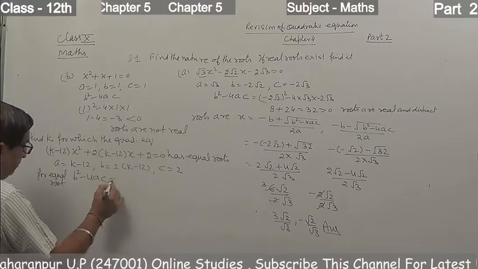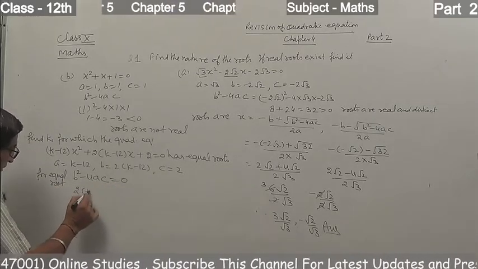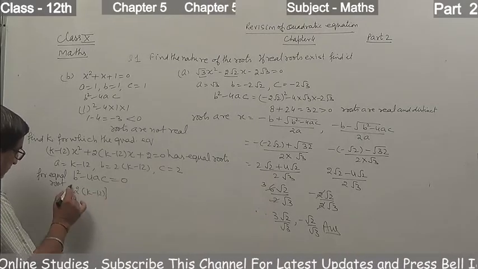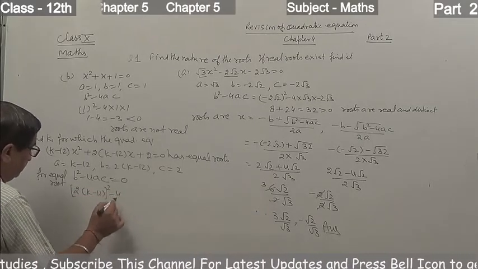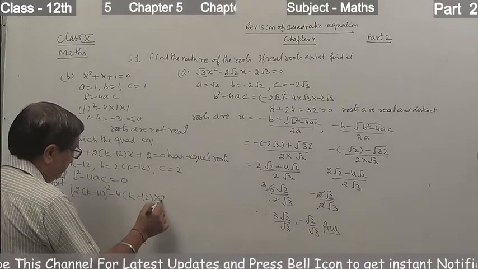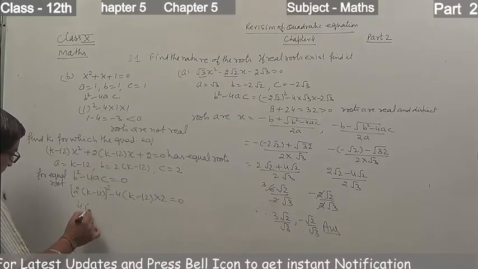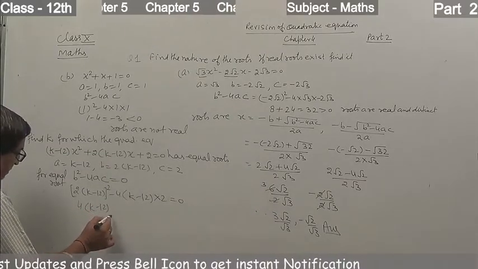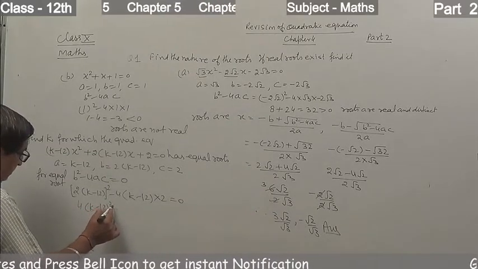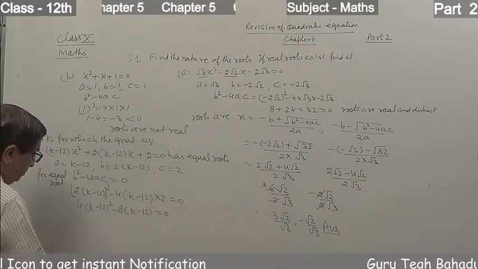It should be equal to 0. So 2 k minus 12 whole square minus 4 into k minus 12 into 2 is equal to 0. 2 square is 4, k minus 12 whole square minus 8 into k minus 12 is equal to 0.